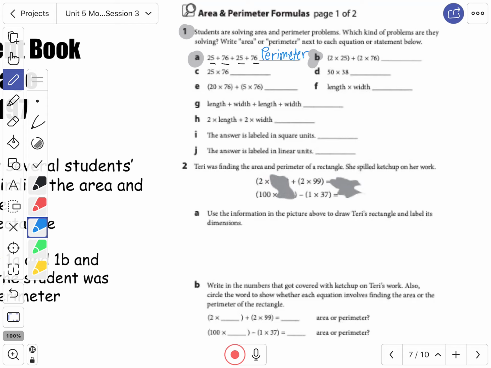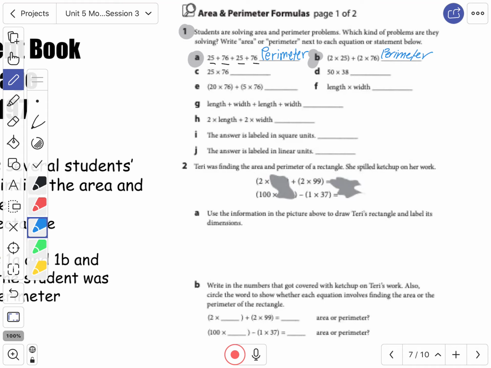Okay, so then moving on to that next one. For B, 2 times 25 plus 2 times 76. That looks very similar to what we were just solving. And so that is also perimeter. That is when you're solving perimeter of a rectangle.